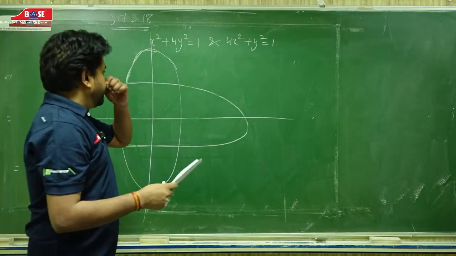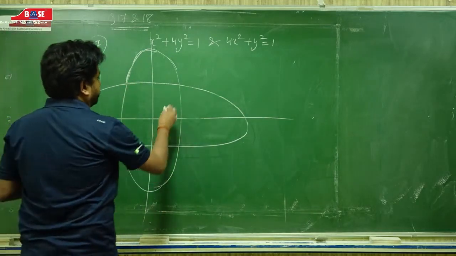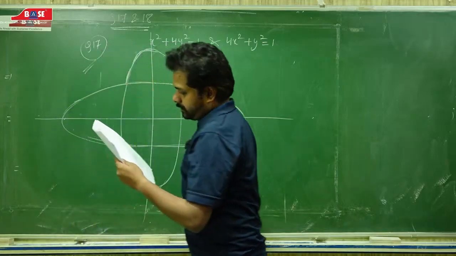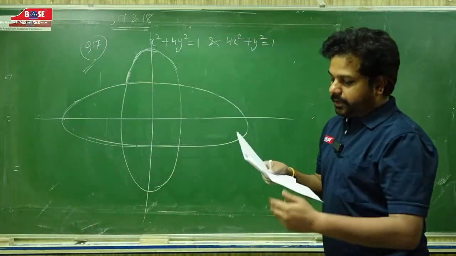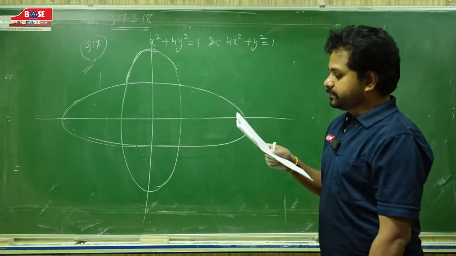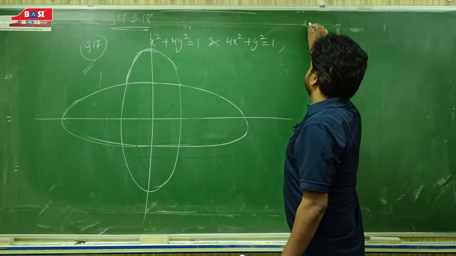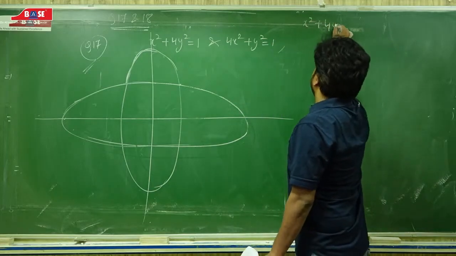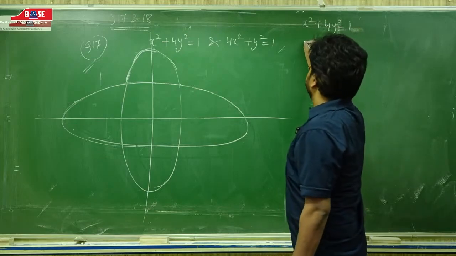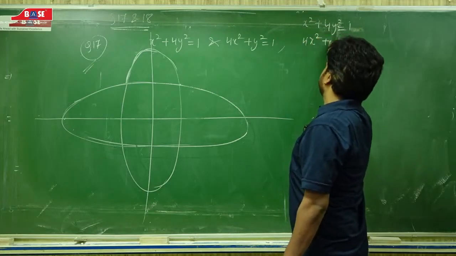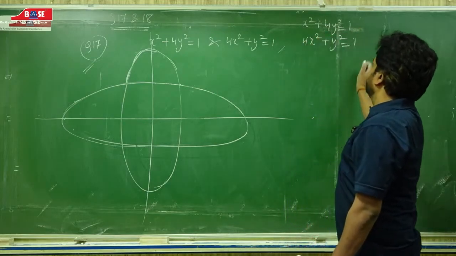So you can see one is a vertical ellipse, one is a horizontal ellipse, okay, and the point of intersection, P, is the point in the first quadrant where the given ellipses intersect. So if I try to find the point of intersection, that is x square plus 4y square equals 1, and 4x square plus y square equals 1.